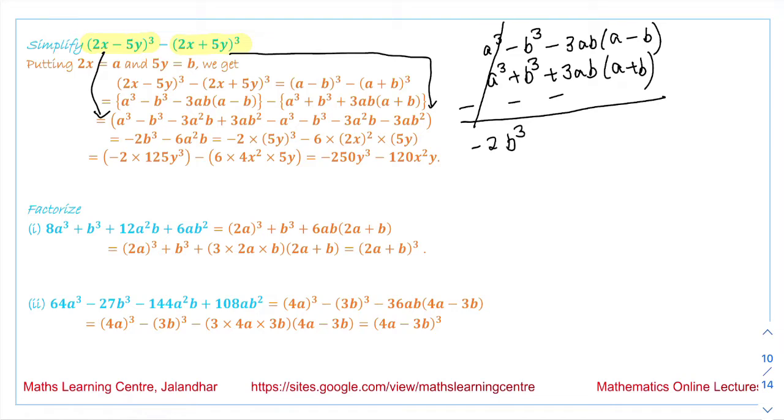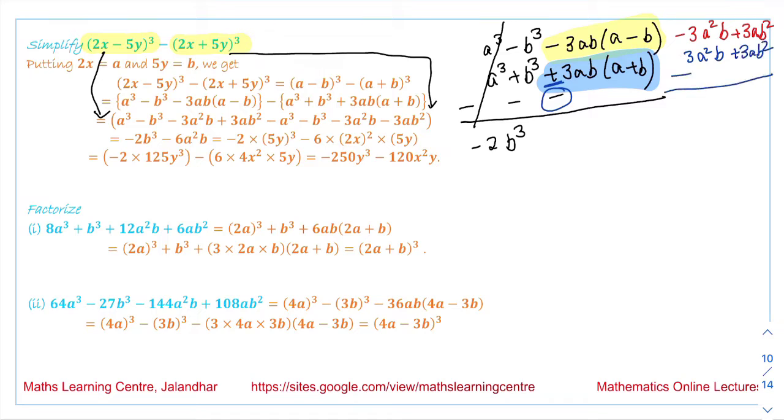Next, this term I can write like minus 3a square b plus 3ab square, and this second term we can write it, I am not considering this minus, I am writing with plus sign, it is 3a square b, and next term will be plus 3ab square.